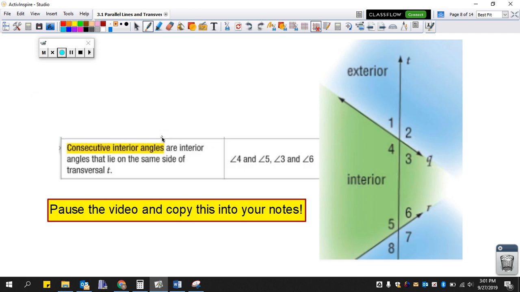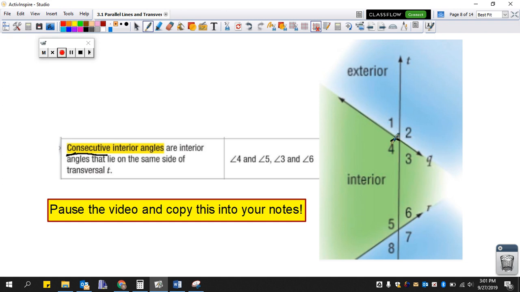Okay, so let's talk a little bit about how the angles interact with each other. You have consecutive interior angles. Well, we know they're interior angles, and we know they're consecutive. So consecutive means that they lie on the same side of the transversal.